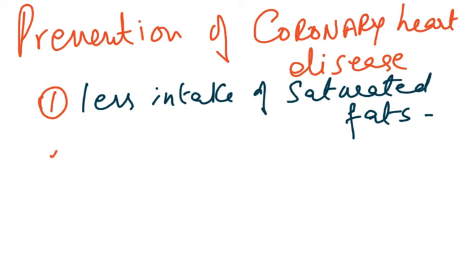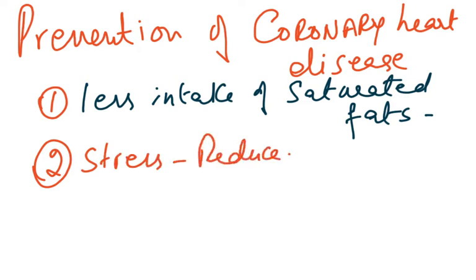Then the second factor was stress. So if you can reduce the stress in your life, maybe you need to change your job, maybe you need to change the environment where you live, or something else is bothering you, you need to go and fix that, or you need to just get used to it and change your lifestyle. So reduce stress means reduce the causes of the stress.